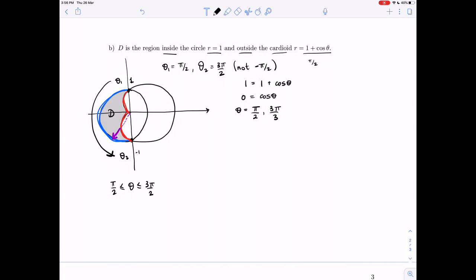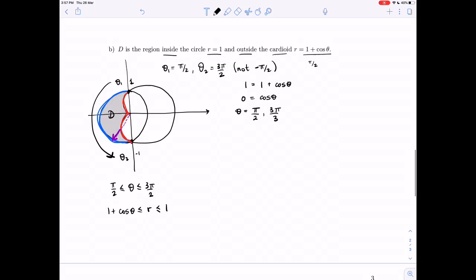And so for the radius, we're looking for the cardioid as the inner curve. 1 plus cos of theta is less than or equal to the radius is less than or equal to the outer curve, which is r is equal to 1. So the area of D is the double integral over D of dA.